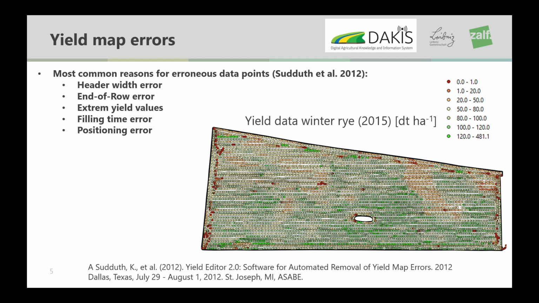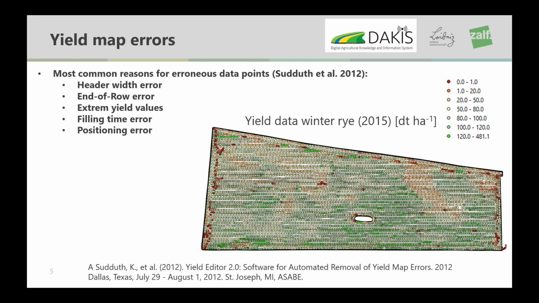And because we already want to work on the possible implementation of patch cropping, the idea was to provide farmers with a tool that analyzes the heterogeneity of the field and provides georeferenced patch cropping maps. Heat maps are very helpful for heterogeneity analysis, but also contain a lot of erroneous data points. Here you can see the field and the yield data points from 2015.